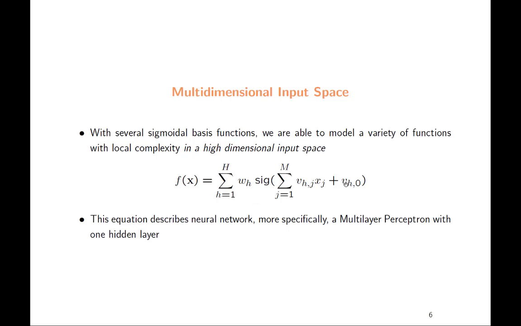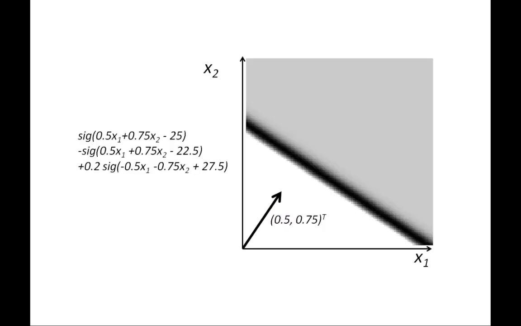And we have this more interesting input structure, which is just a linear weighted sum of inputs, and the sigmoid is then applied to this input. So this would describe a neural network or a multi-layer perceptron with one hidden layer, which was extremely popular around 1990, plus minus.